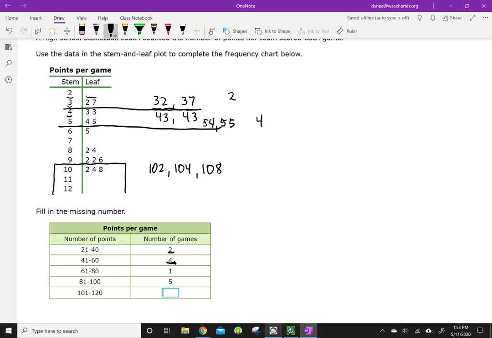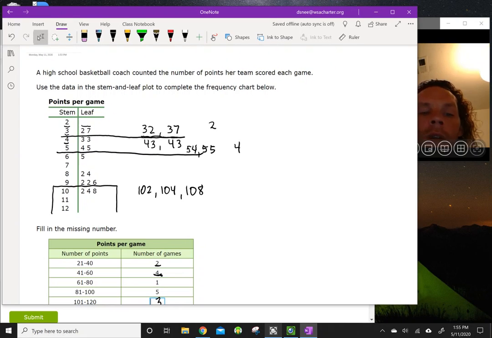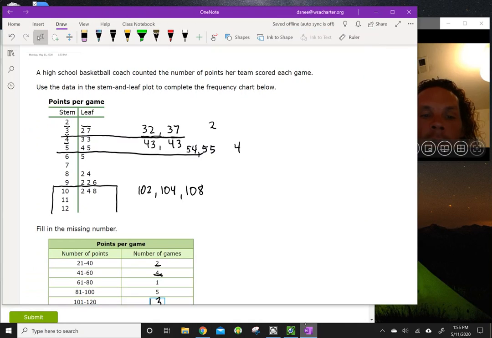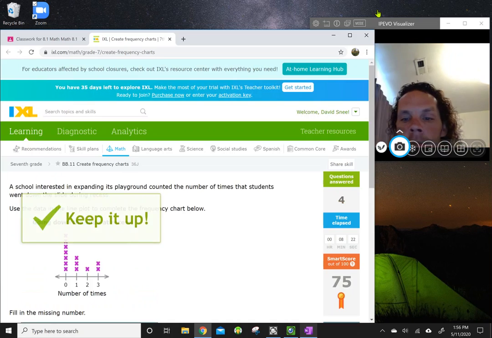Okay, so we have 3 games that were between 101 and 120, and that's how you interpret stem and leaf plots. And you will find data organized in this way in your life, and so it's important to be able to interpret that data. And we said 3, put a 3 in there, and submit that.